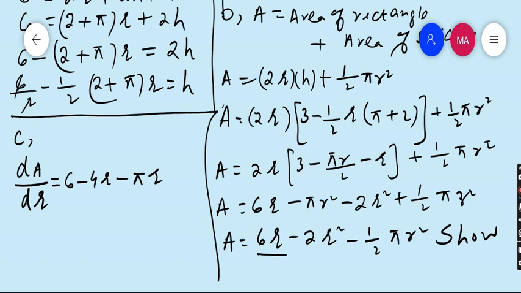Now find d square A by dr square, that is the second derivative. The derivative of 6 is 0, of minus 4r is minus 4, and of minus pi r is minus pi. This is the complete answer of part C. Hope you understand this easy part. Move to part D.